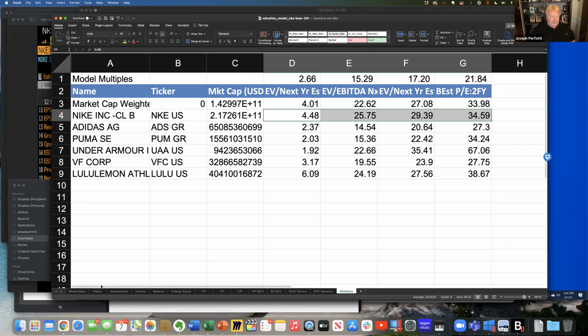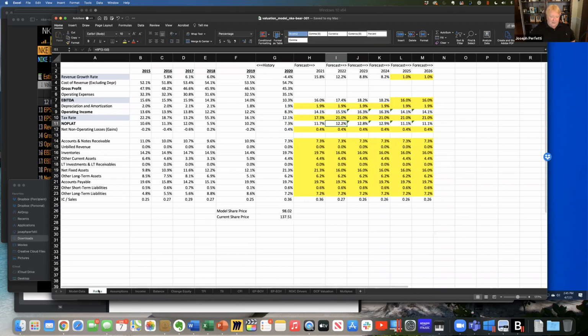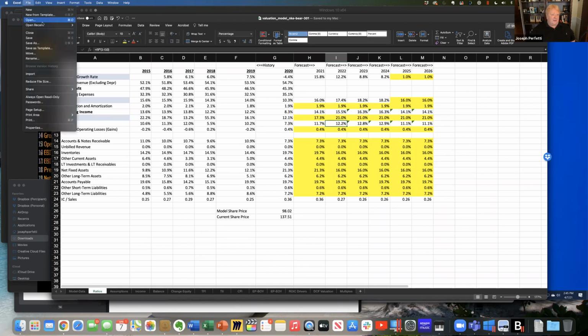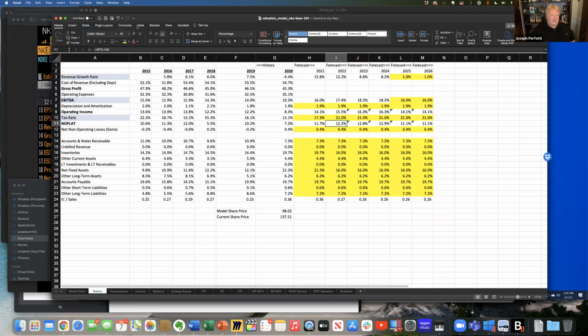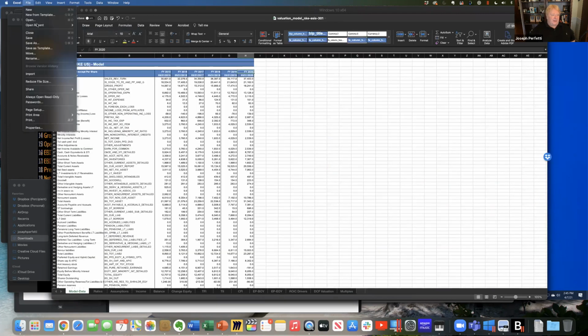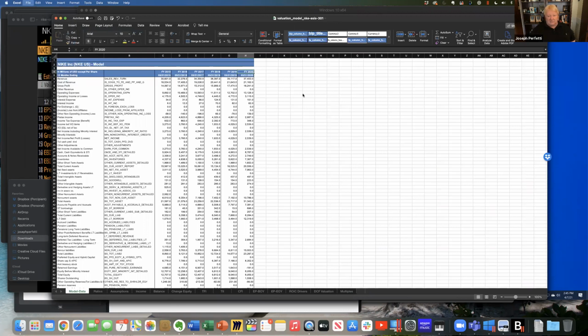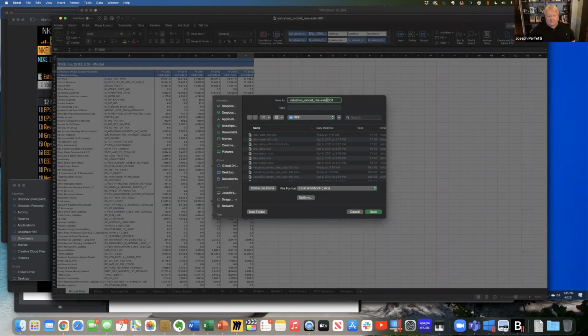So back to my bear. My bear is $98 a share. My bull is about 170-ish. And so where do I think they're going to be on the range? So I go back to my as is, file, save as, target.